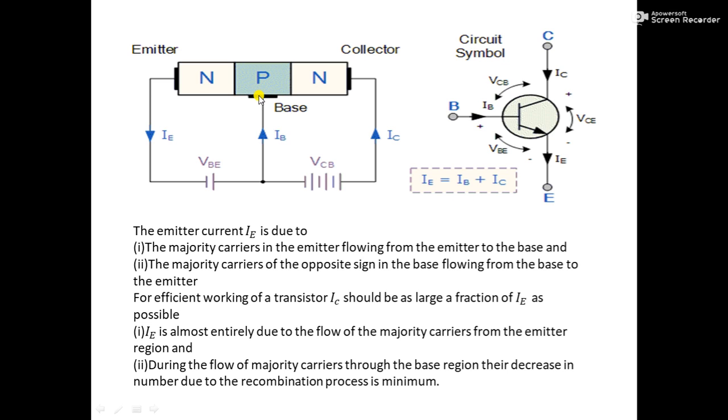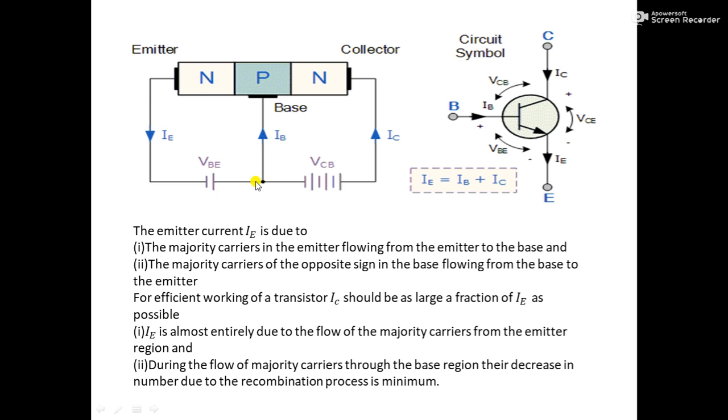In practice, about 2% of electrons which diffuse into the base from the emitter region recombine with the holes in the base. The loss of the total number of holes is made up by the flow of an equal number of electrons from the base to the positive terminal of the battery.